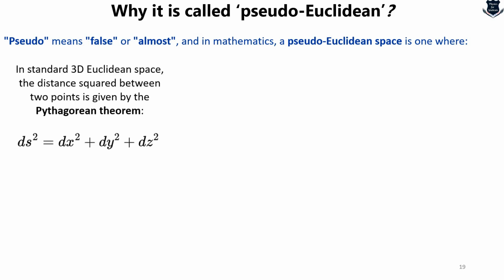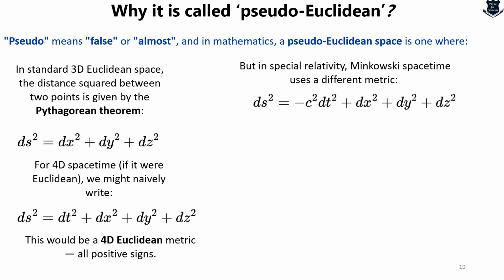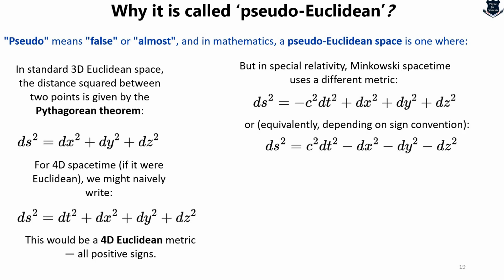So, pseudo-Euclidean space is one where, for example, in the standard Euclidean space, we use the Pythagoras' theorem, dx square plus dy square plus dz square. And in the case of four dimensions, we use another coordinate dt, but things remain the same. But in special relativity, we use this: minus c square dt square. Or equivalently, using natural units with c equal to 1, we get this value.